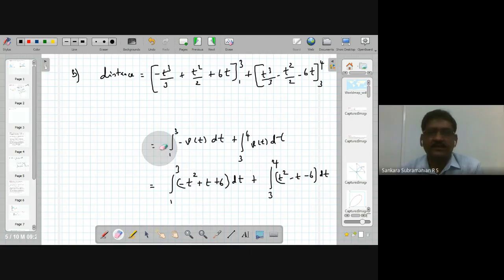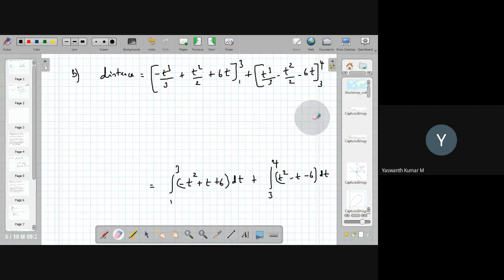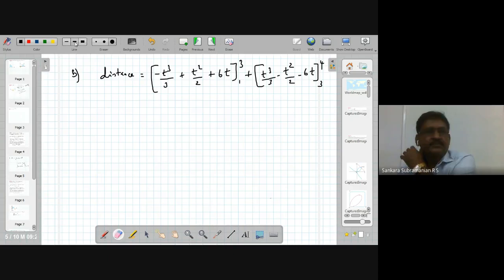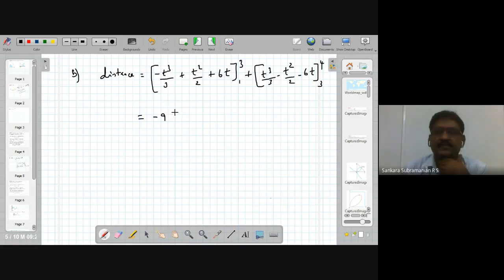Can you tell me the answer after simplification? So here you get 3 cube by 3, which is minus 9, plus 9 by 2, plus 6 threes are 18.